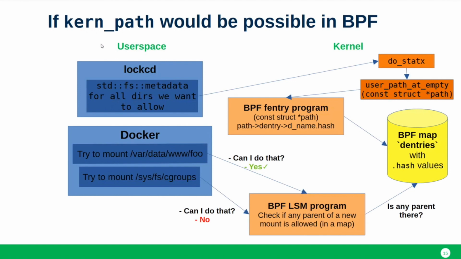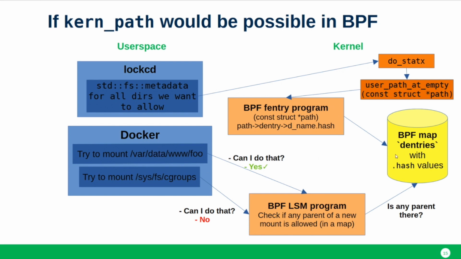And if resolving the path object would be possible in this LSM hook, we could rather store hashes of kernel paths inside BPF maps, and we would resolve those paths in the LSM hook much faster, because we could pretty much do resolution like this: we check whether the full directory hash is in the map. If not, we go up.